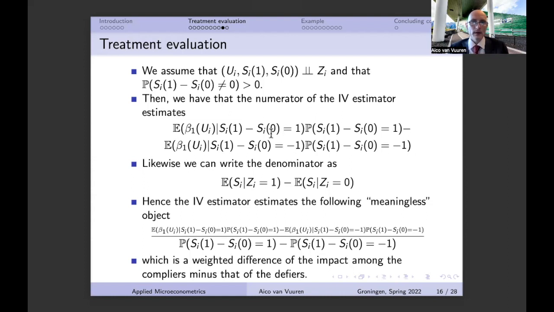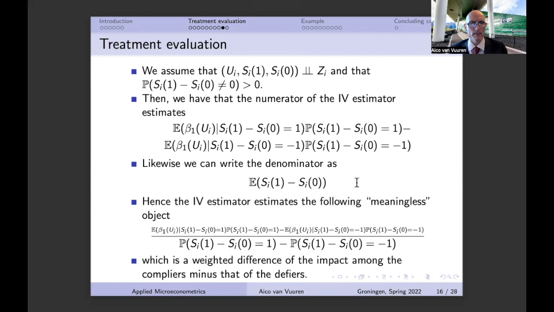Well, this we will keep like this, but we can do exactly the same thing with respect to the denominator. Here we know that the denominator is equal to this thing over here, and again we can replace this Si by Si1, and this Si that we have over here we can replace by Si0. Then we should realize that Si1 is independent from Z, so we can get rid of this thing over here, and Si0 is also independent from Z, so we can get rid of this thing too. So in total, we get this thing now.